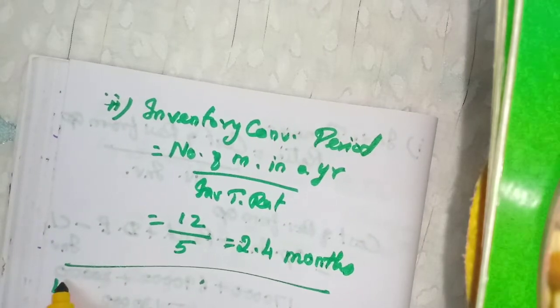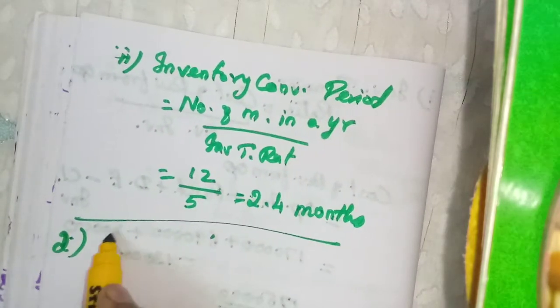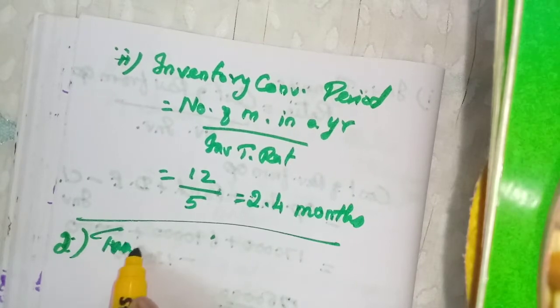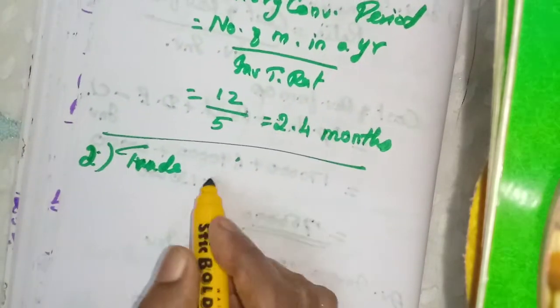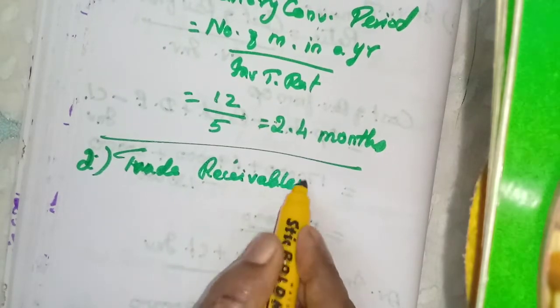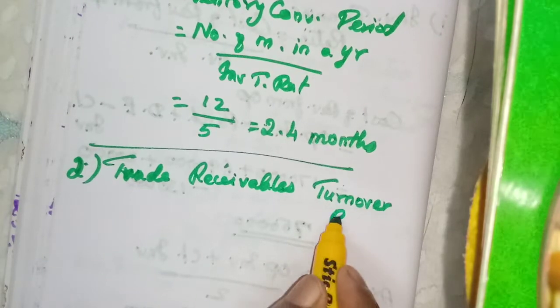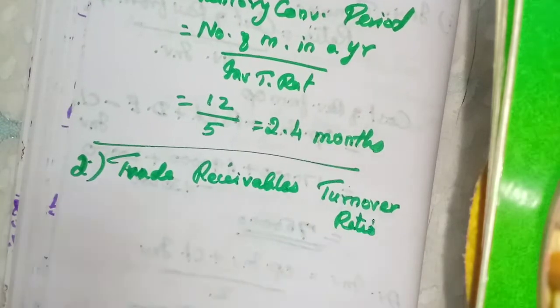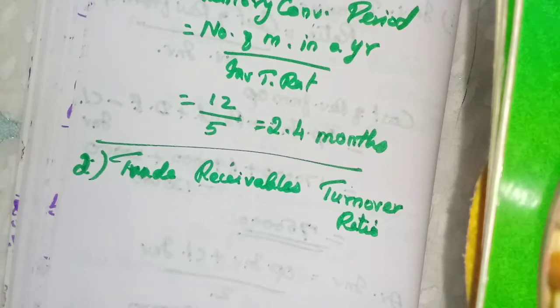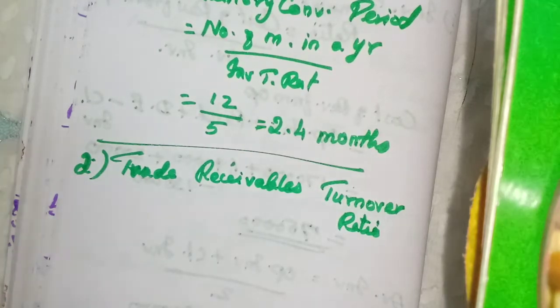Then the second one. The second one is the trade receivables turnover ratio. What is the meaning of trade receivables turnover ratio?